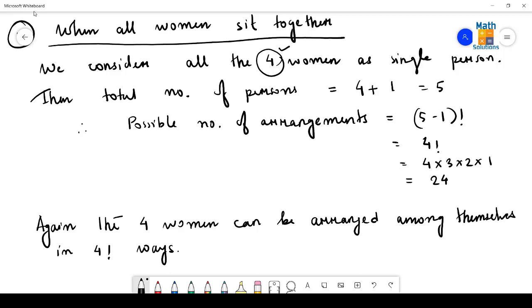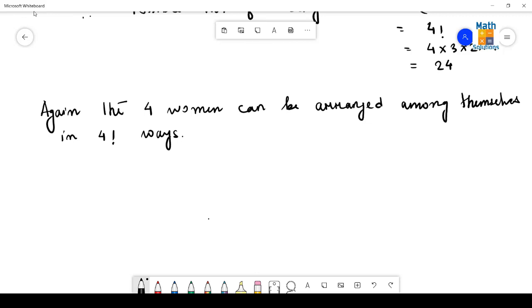That will be equal to, actually these 4 factorial ways can be equated to 4 into 3 into 2 into 1 ways. That is equal to 24 ways.